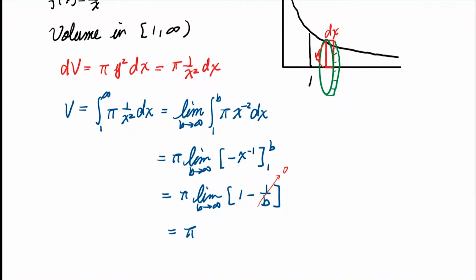And this is a real review of this chapter, so that's what I really wanted to do. This is what your book calls the Gabriel's horn, I think. This thing is famous, so it has a name, because you rotate the infinite area and you get a finite number. You see how screwy infinity is?